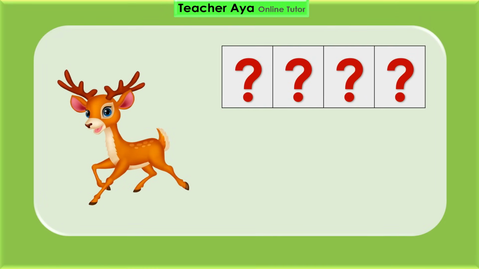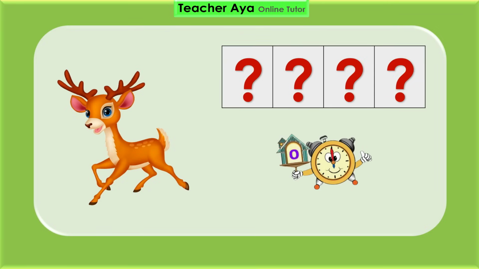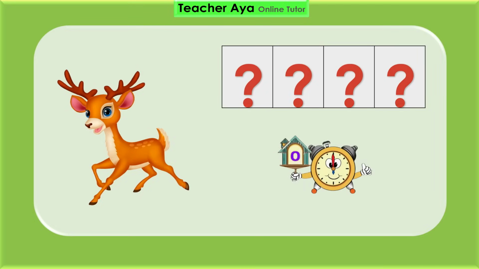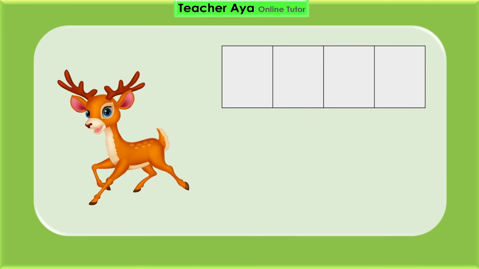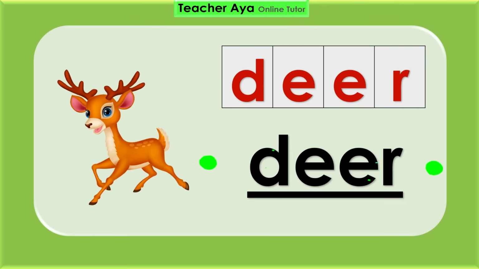Children, can you spell the word deer? Deer. D-E-E-R. Deer.